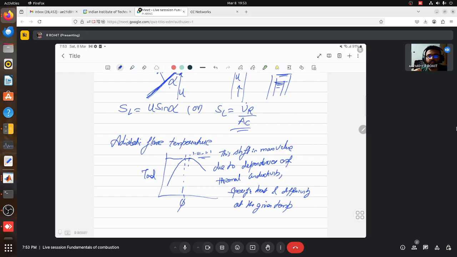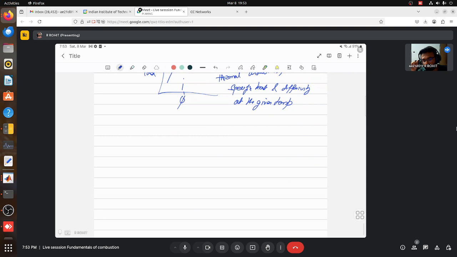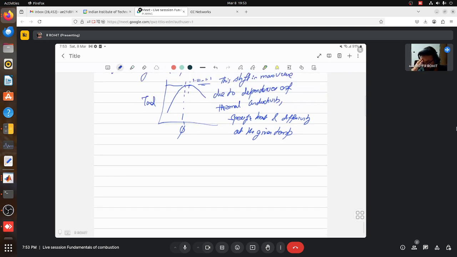So it all depends on the temperature. So the point where you have equivalence ratio 1 is not the point with the maximum adiabatic temperature.